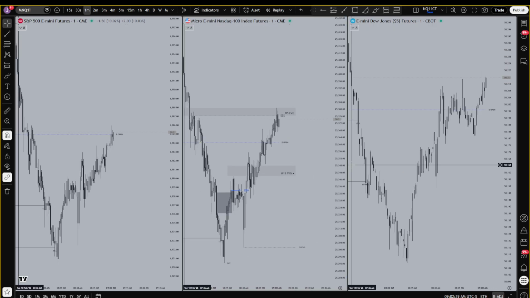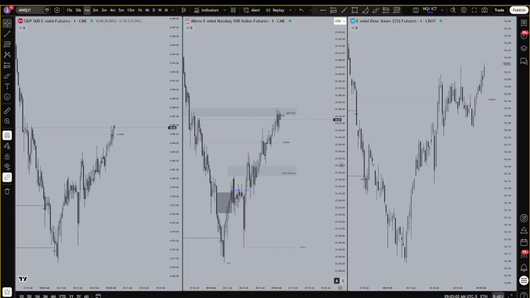Before 3 points. I feel like that 15-minute inverse is going to send us to previous day.